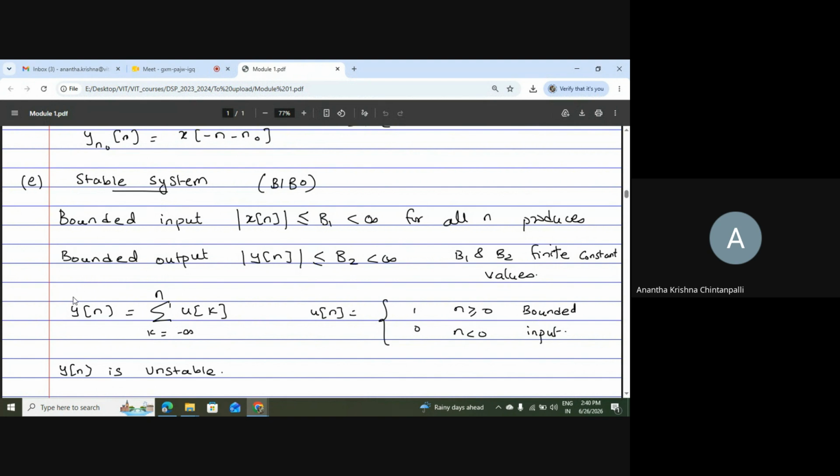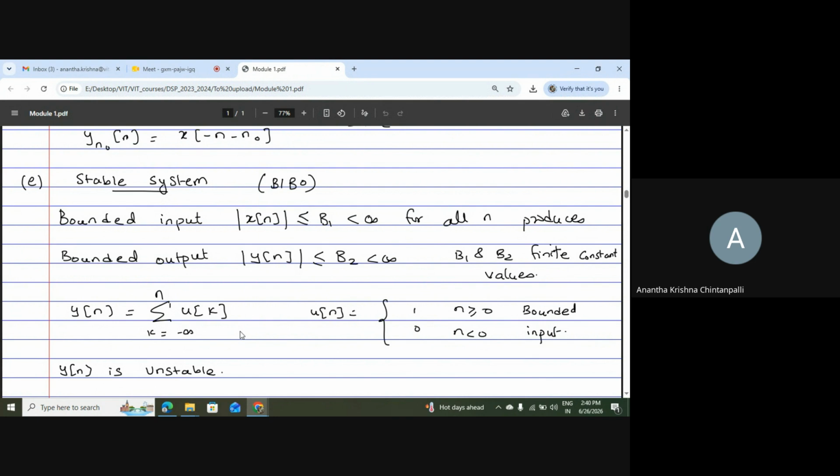So let's take this example. y of n is equal to the summation of k goes from minus infinity to n of u of k. What is your input here? There is no x, but the input is in the form of an elementary signal, which happens to be u of n. Is u of n bounded? The answer is yes, because at n greater than or equal to 0 the value is going to be 1, and for n less than 0 the value is going to be 0.